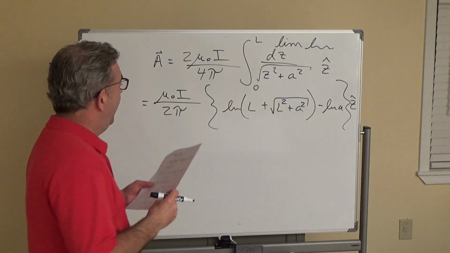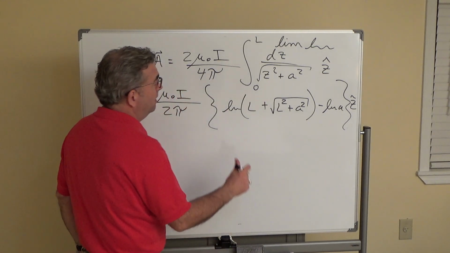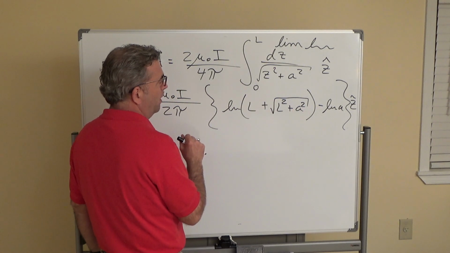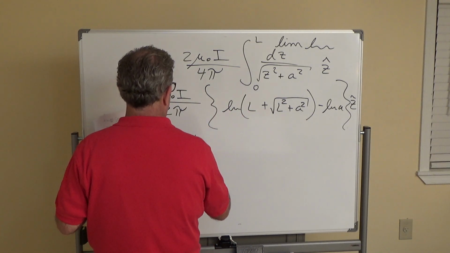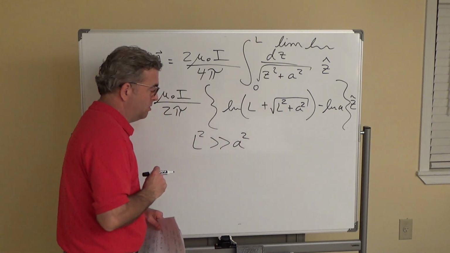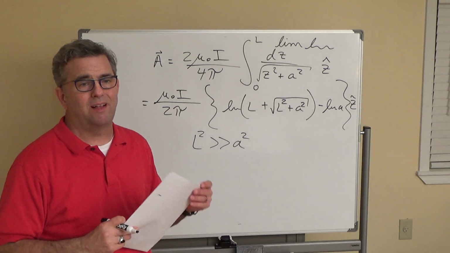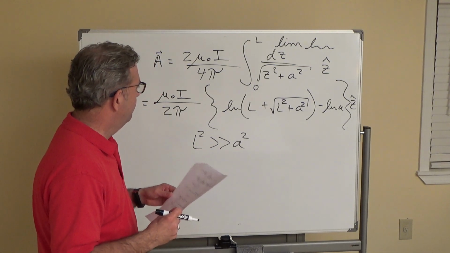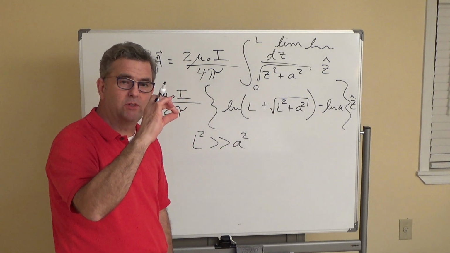And if L squared is much, much greater than a squared, we can do a little approximation. How much is much, much greater? Well, 10 times? Meaning you have a very long wire and you're very close.